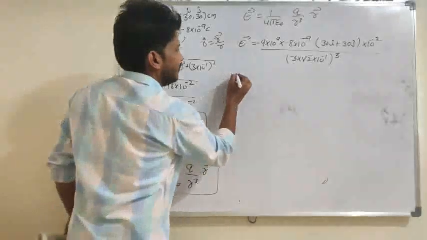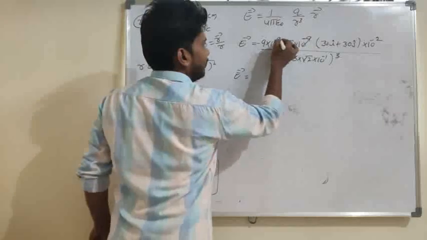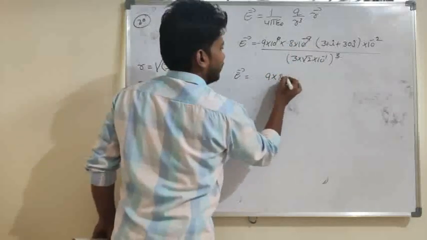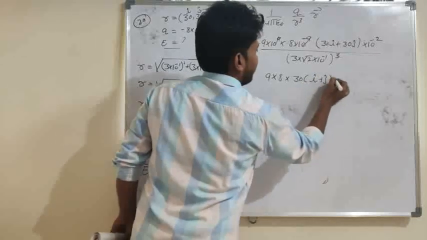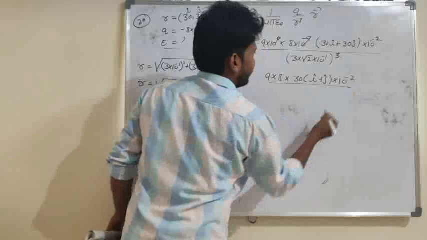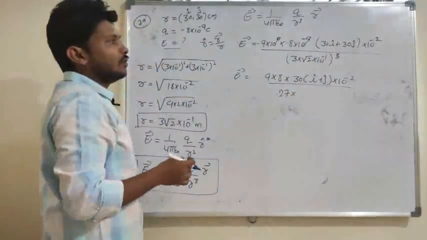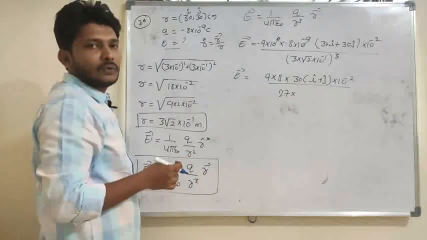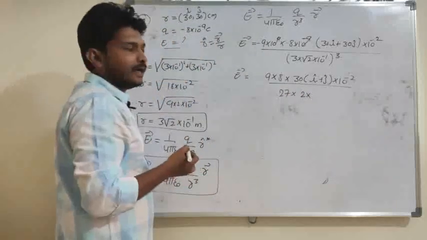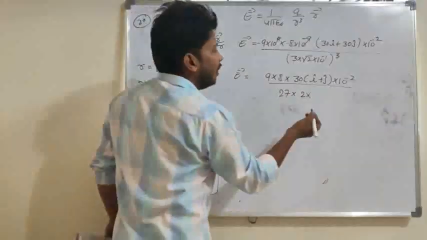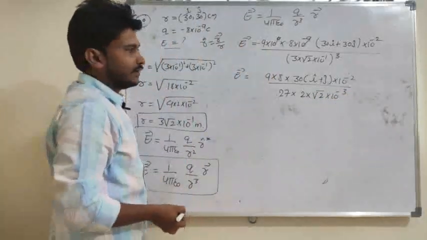So this is the value they given here. So look at here, plus 9 minus 9, so 9 into 8. Here shall I take that 30 as common, i cap plus j cap into 10 to the power of minus 2 here, and 3 cube means 27. Root 2 whole cube means, shall I consider 2 to the power of 2 by 3, so I shall write that as 2 into root 2 here, 2 into root 2 into 10 to the power of minus 3 here.